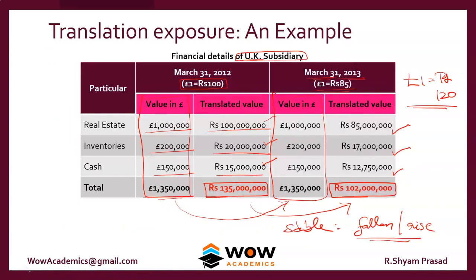Okay, so by the changes in the value of subsidiary, there is no income or loss that has been gained because the UK subsidiary's value is the same. Only when it's converted into the Indian currency value, the loss occurs. Okay, so this loss is only a notional loss, it is only a namesake loss, it is not a real loss.